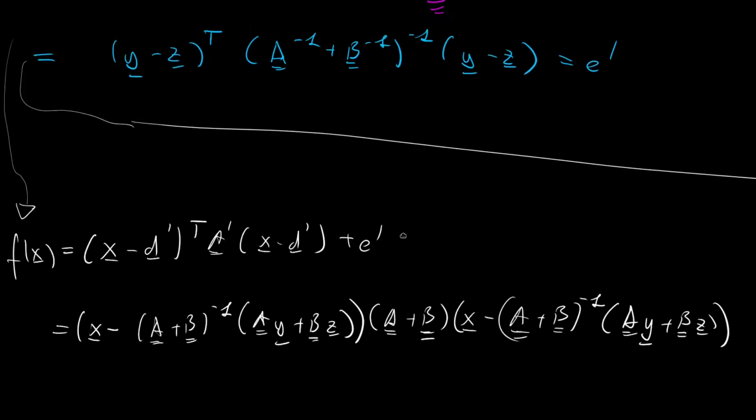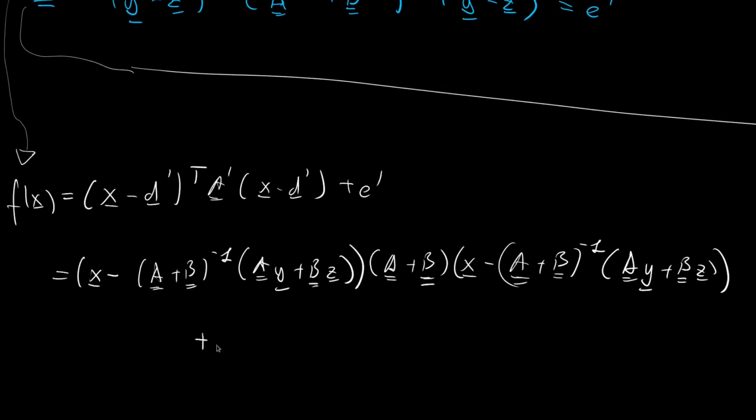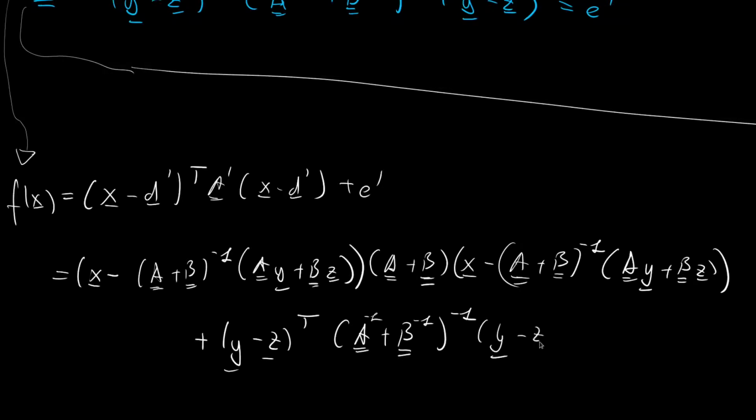And then we have our e prime that we just found, which was (y minus z) transpose multiplied by the inverse of (A inverse plus B inverse) inverse, times (y minus z). And this is our completed square format of the quadratic form that we are given.